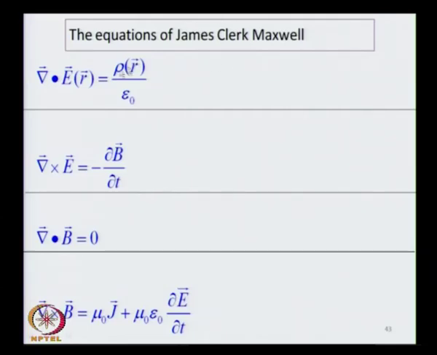So, now we have Maxwell's equations. You have the divergence of E equal to rho over epsilon 0, the curl of E which goes as minus del B by del t, the divergence of B equal to 0, and now the Oersted-Ampere law is modified to include this term, and when you do that you already have Maxwell's equations.